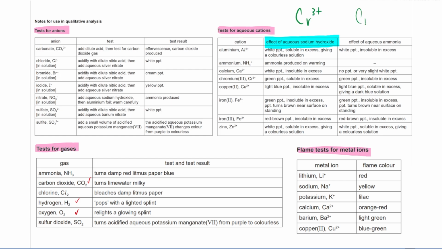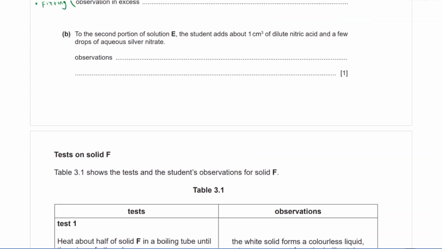Because remember, we have CrBr3, so our cation is Cr3+. So we come here to the table and identify Cr3+. And what's going to happen is that when you add NaOH, you're going to have a green precipitate. But then if you add excess NaOH, this precipitate is now soluble. So those are our observations.